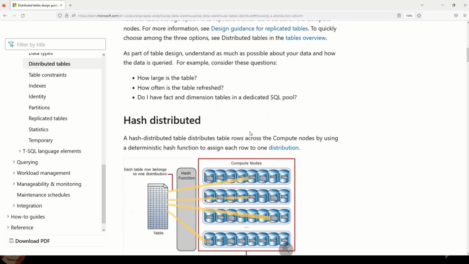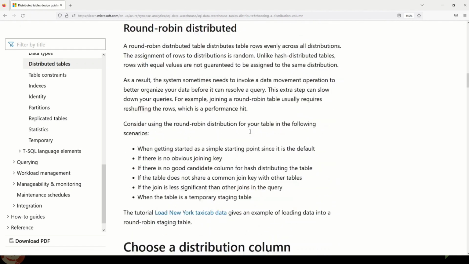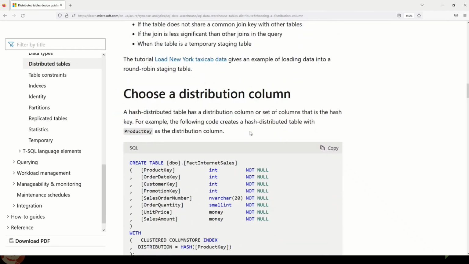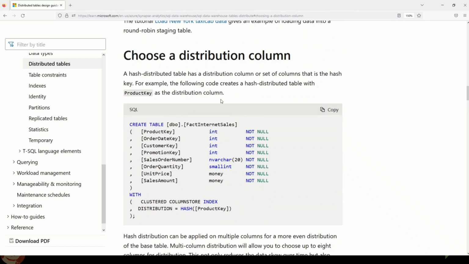A very similar example is also given on this page, and for that you have to scroll a little bit more. Here we are given an example with a table called fact internet sales, and in our case it was the sales table. You can see that we are given similar kinds of keys: product key, order date key, customer key, promotion key, and a lot of other information.